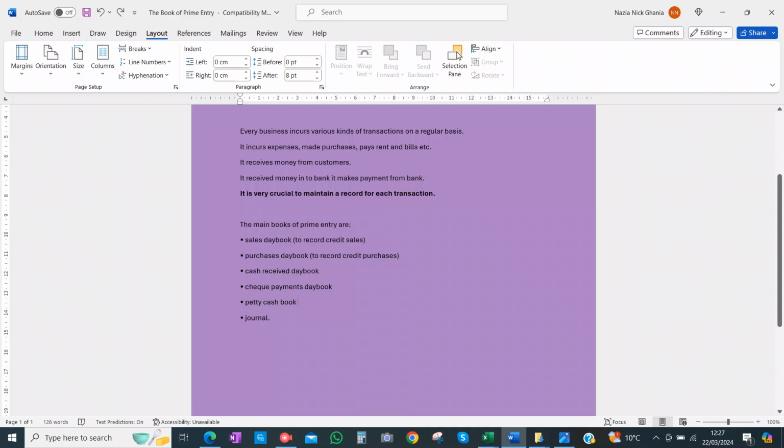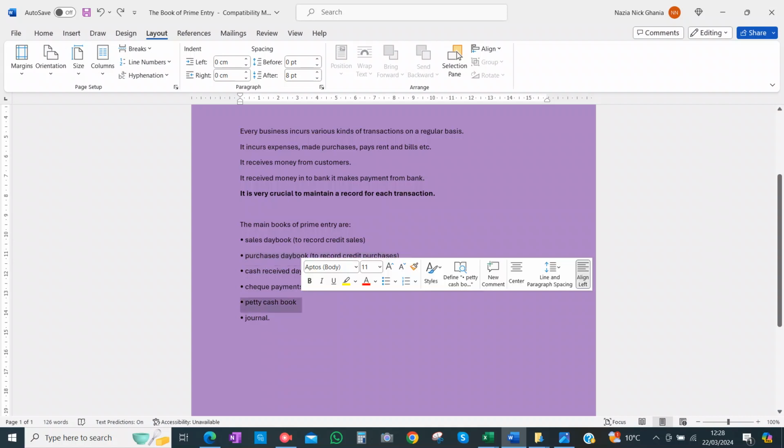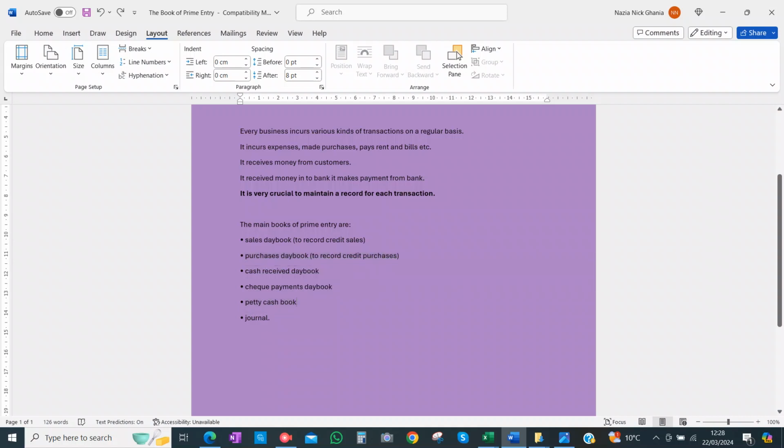Some things are paid on the basis of invoice through bank directly, and they become part of your purchase day book. But certain day-to-day expenses, like buying a coffee for your customer, or a printer needing repair, so you paid £5-10 for printer repair, or you buy an ink cartridge for your printer.